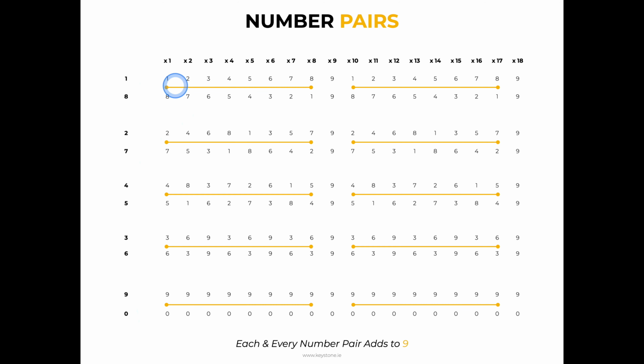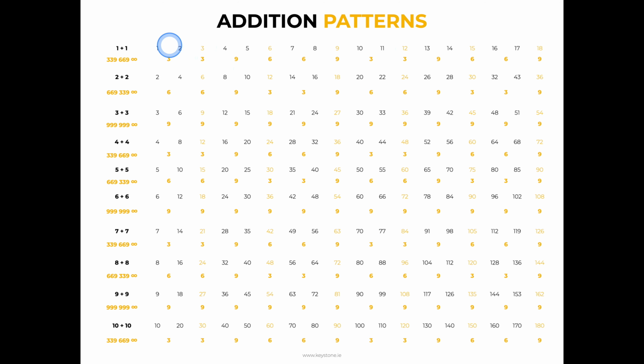If we do addition, I'll just very quickly go through this. 1 plus 1, so 1, 2, 3, 4, 5, 6, 7, 8, 9. And if we isolate the golden and the regular numbers and put them together, we get 339, 669, 339, 669. 2 plus 2, again, 669, 339.